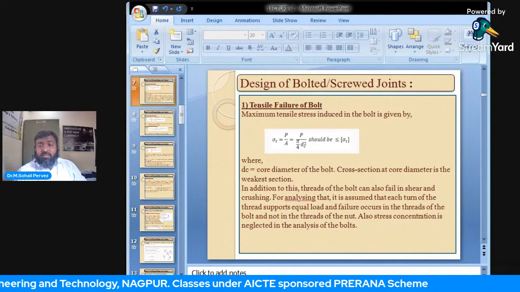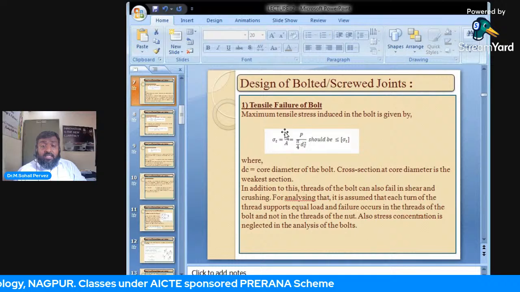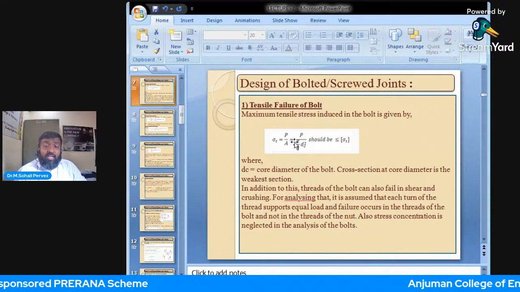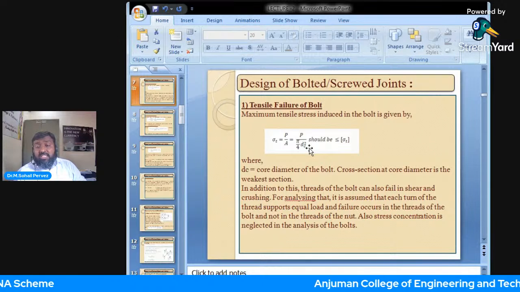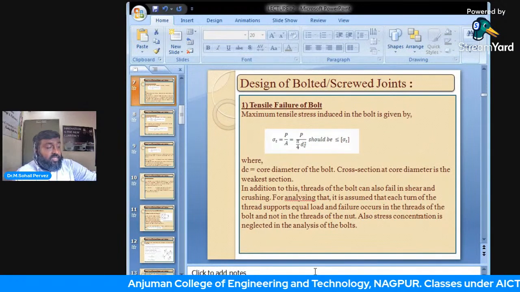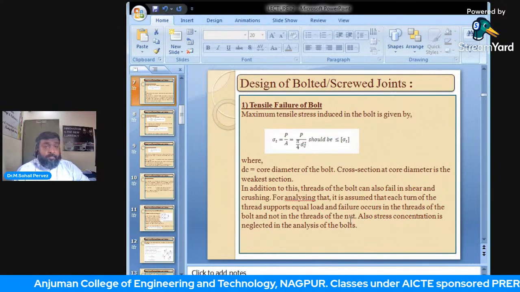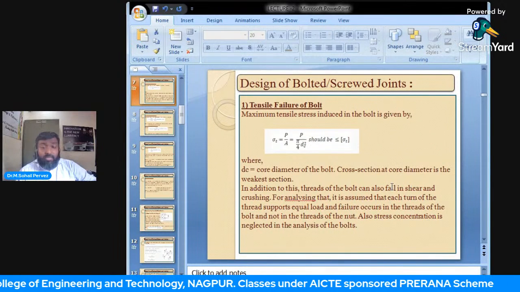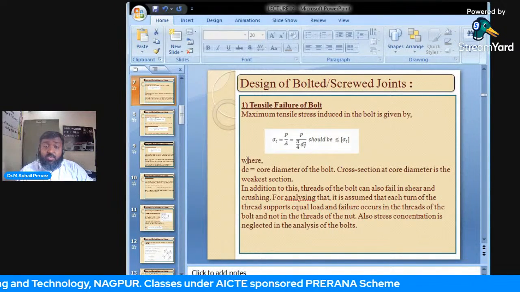So in a very simple mode, tensile stress is equal to force per unit area, where area will be the least possible area, that is pi by 4 dc square.